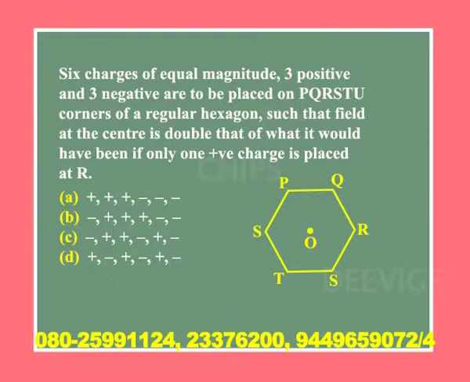Option A: plus plus plus minus minus minus. Option B: minus plus plus plus minus minus. Option C: minus plus plus minus plus minus. Option D: plus minus plus minus plus minus.